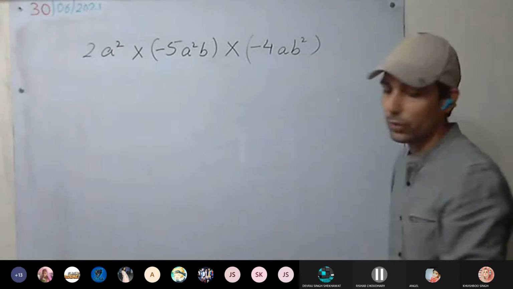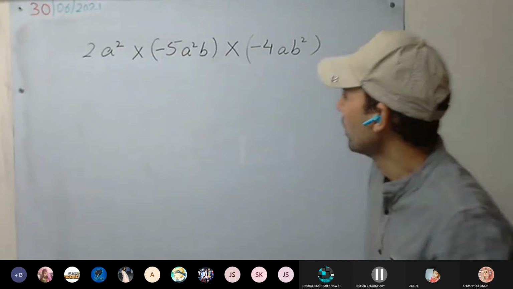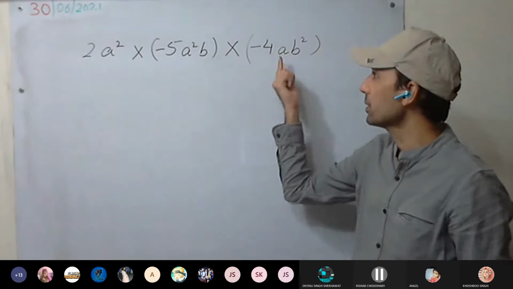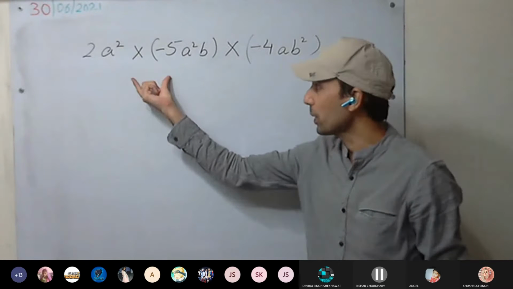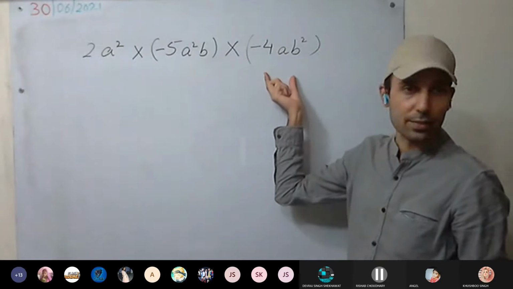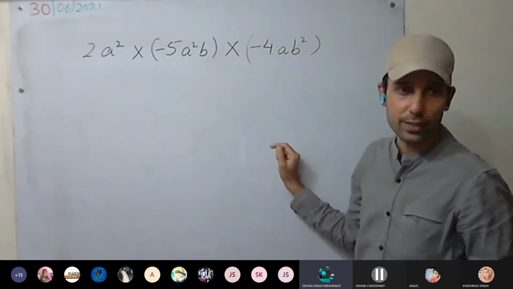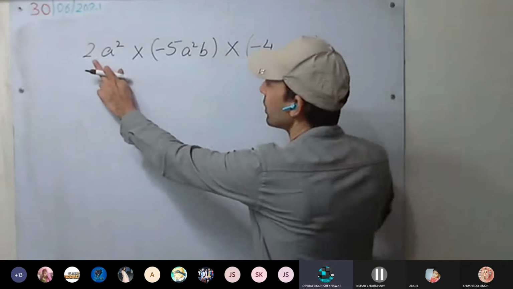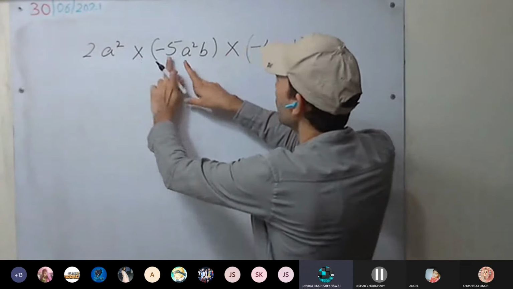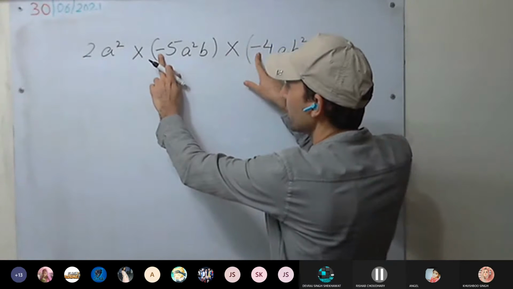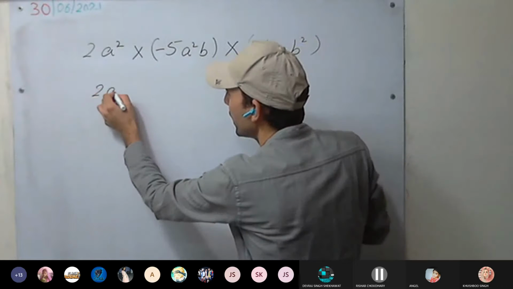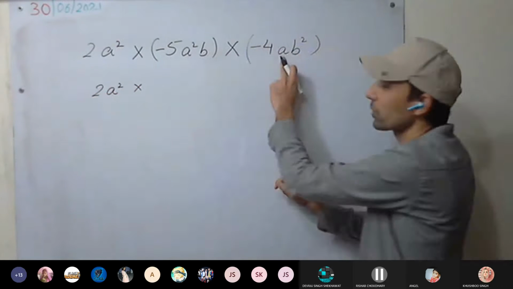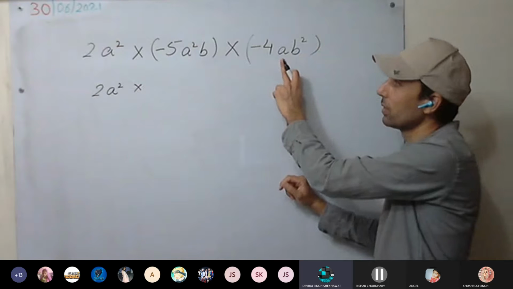So how are we going to solve this one? First, multiply the constant terms. Either multiply these two terms, then multiply that with the other, or do it in one go. First minus minus, 2 minus minus will become plus. 2a square you leave and multiply these two.